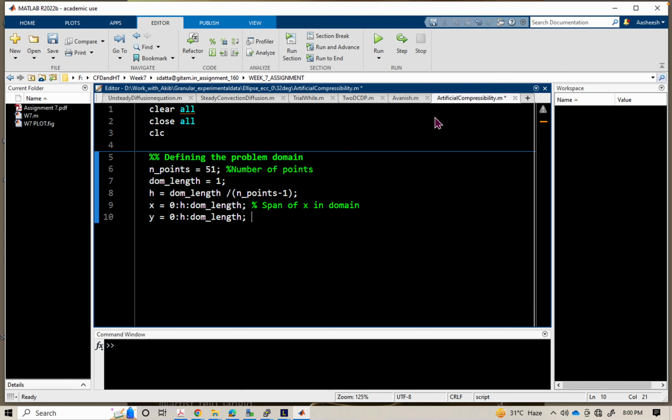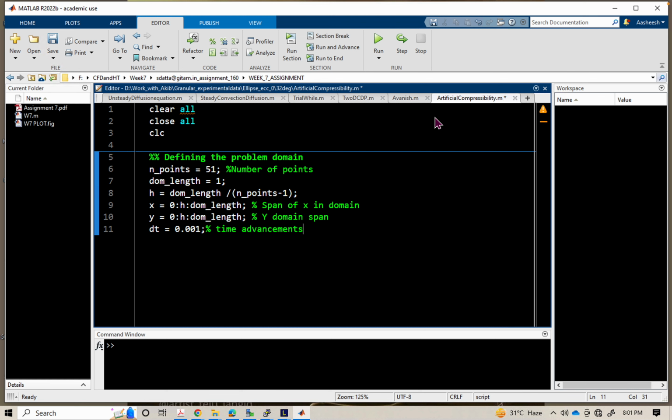Then now we'll predict some starting values of dt, which is for time advancement. So these doubts will be clear when we write code.